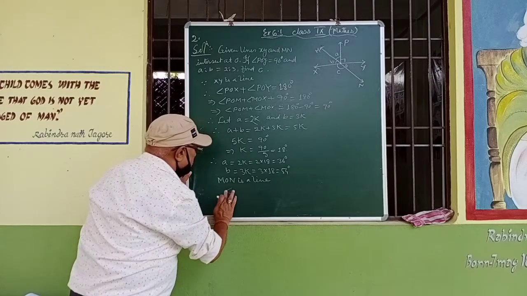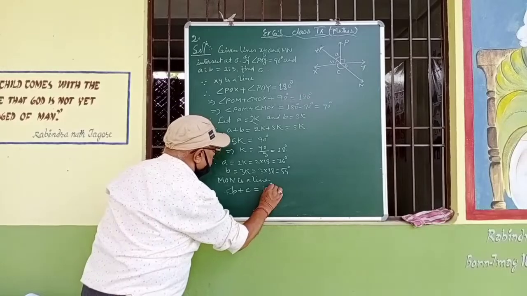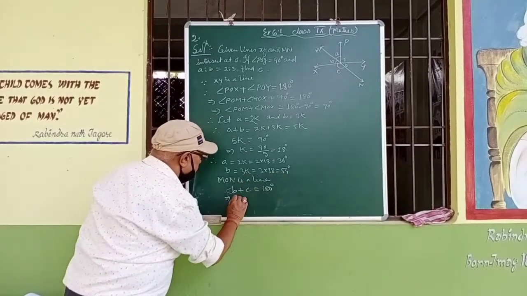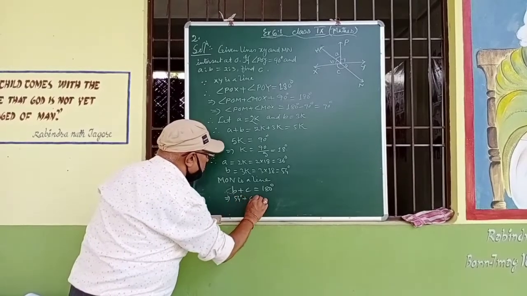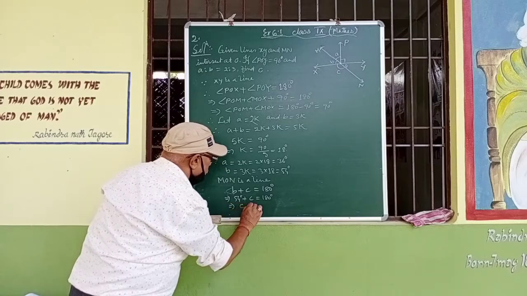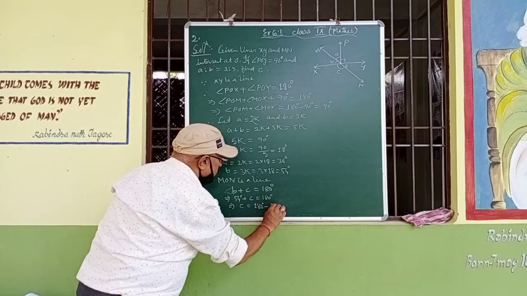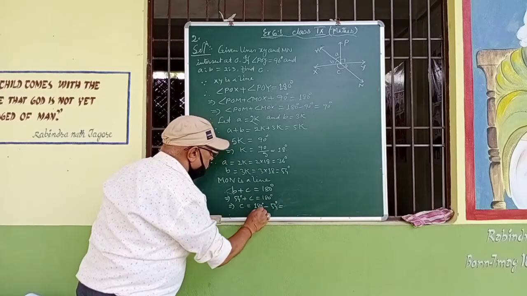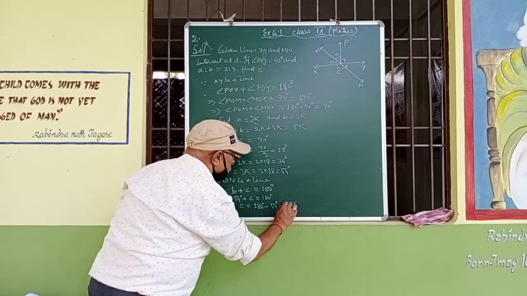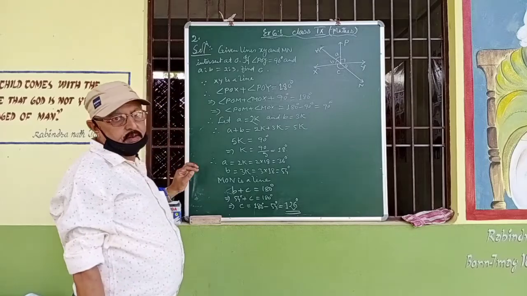So B plus C is equal to 180 degree, or B we got 54 plus C is equal to 180, or C is equal to 180 minus 54 is equal to 126. So C is equal to 126. It is our answer.